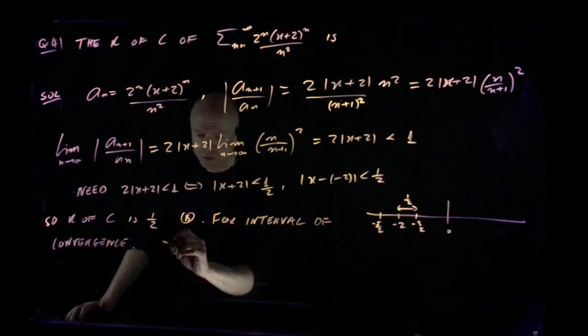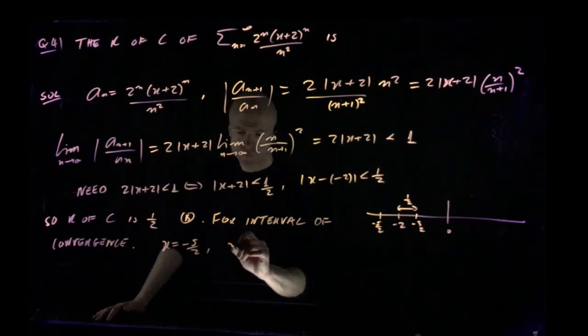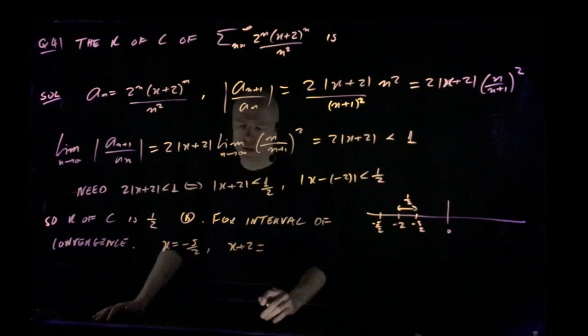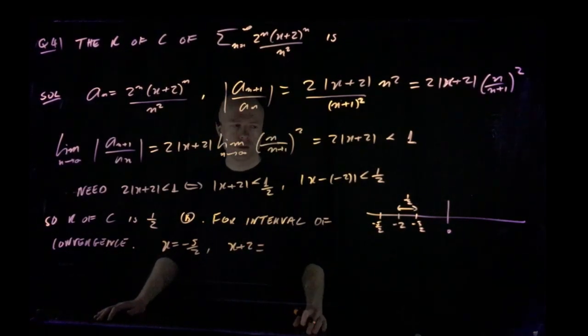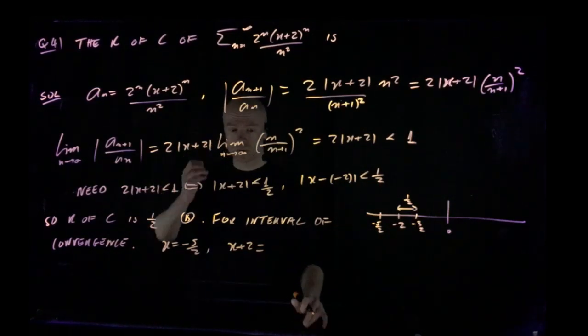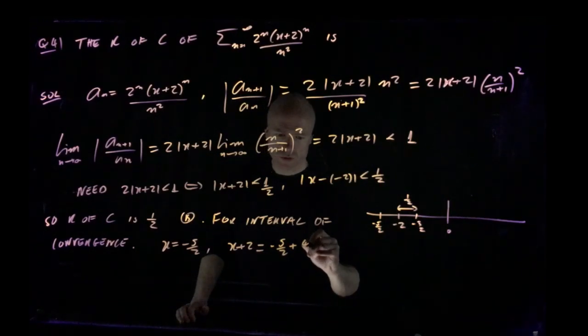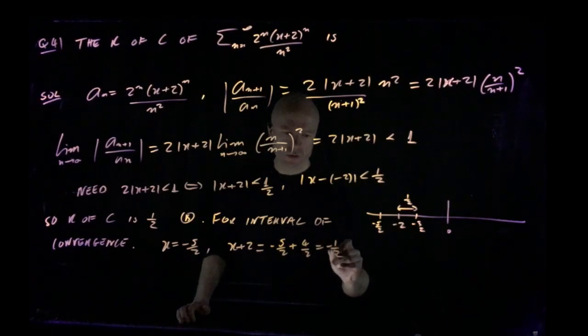When we have x equals minus 5 over 2, then x plus 2 is the same as minus 5 over 2 plus 4 over 2, which is just minus 1 over 2.